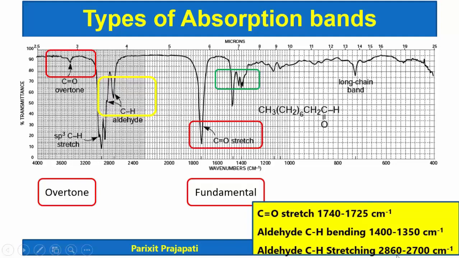But CH stretching of aldehyde also occurs in the region of 2860 and 2700 centimeter inverse. So that means the overtone of CH bending and the fundamental CH stretching of aldehyde both occur in a similar region, in a nearby area. So that is why both get combined.